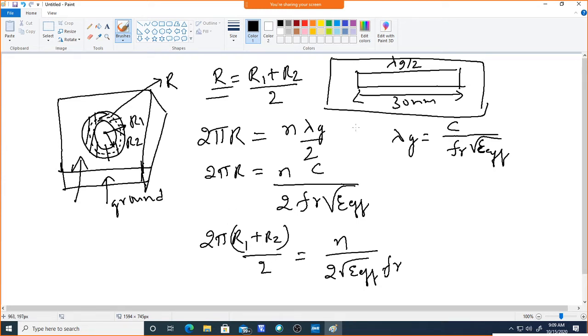From this you can find the resonance frequency, which you can calculate easily: Fr equals n c divided by 2 pi R root of effective epsilon.